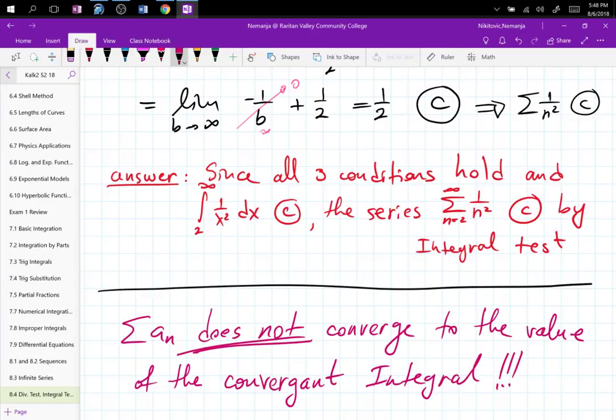Because that's not true. This one actually converges to pi squared over 6. You go figure out why and how. So that's the integral test.